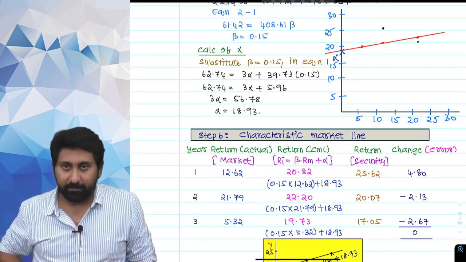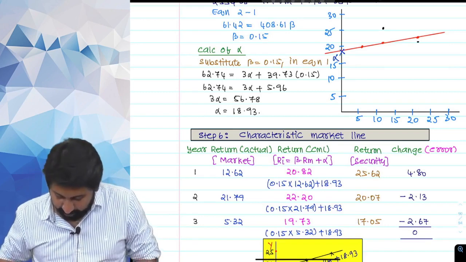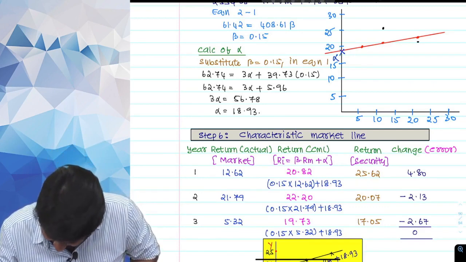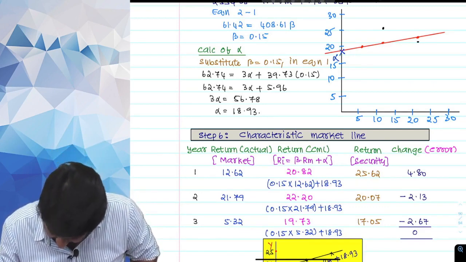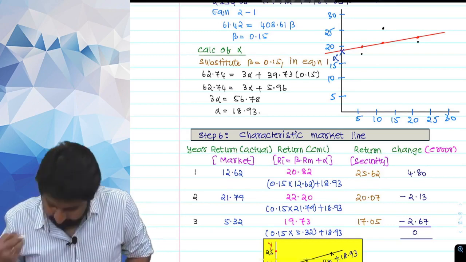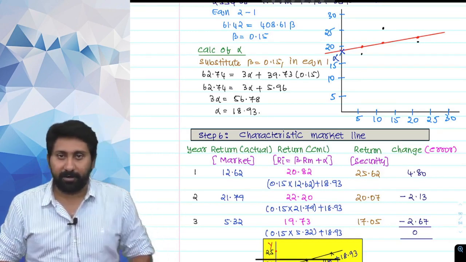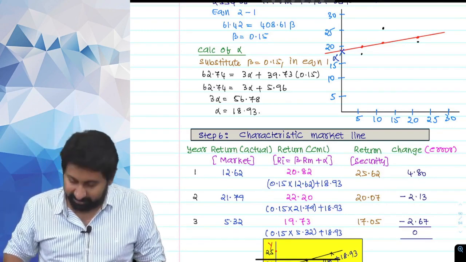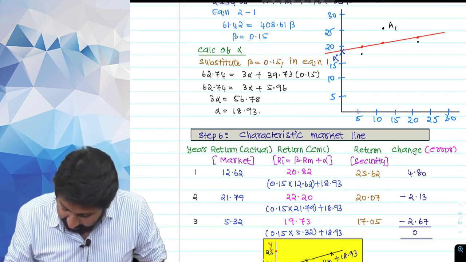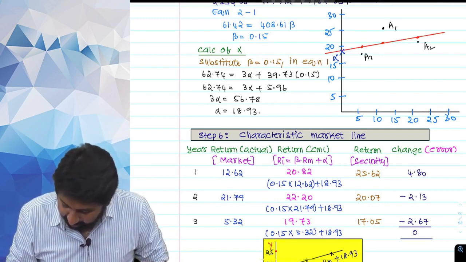Just somewhere here. Next, 5.32, actual 17.05. These are the plotted points, the actual returns for the first year, second year, third year.